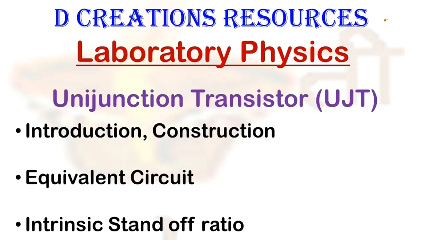Now generally the value of intrinsic standoff ratio is between 0.5 to 0.8. And the voltage drop across the resistance RB1 is called intrinsic standoff voltage. So this basically reverse biases the emitter diode.